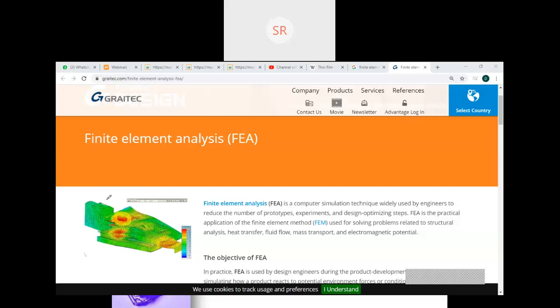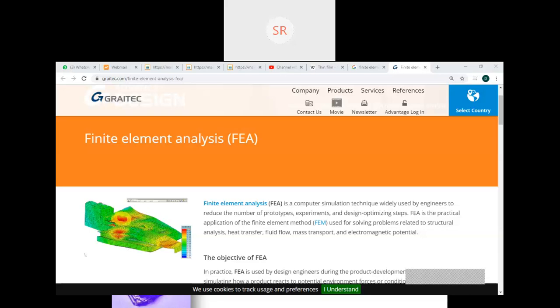All this analysis can be done, and I can predict where more stress is falling, where more strain is falling, which area gets more heated, which area will become more cool, and at what velocity my fluid is flowing. So all that can be calculated in the computer with the help of simulation.